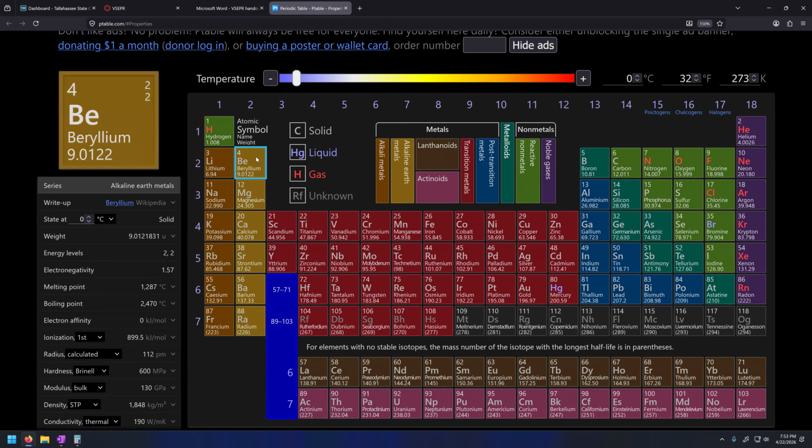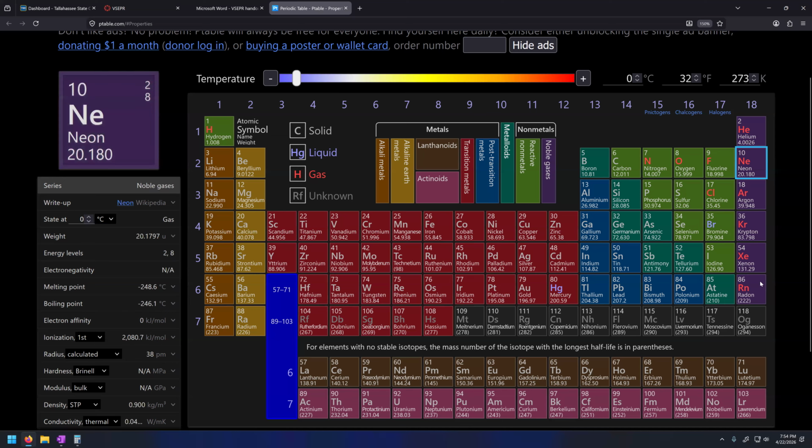So the highest energy electron you've added to beryllium is the 2s2 electron.